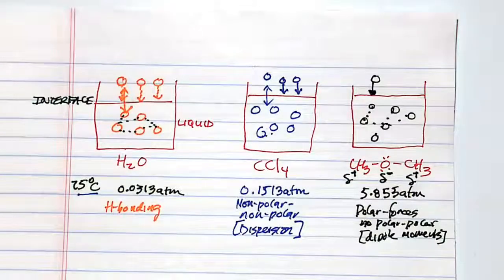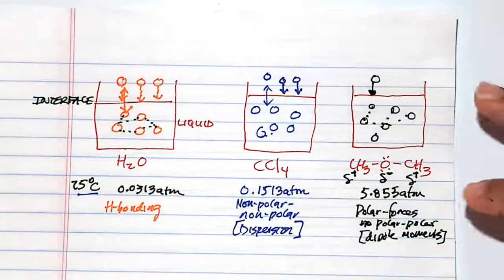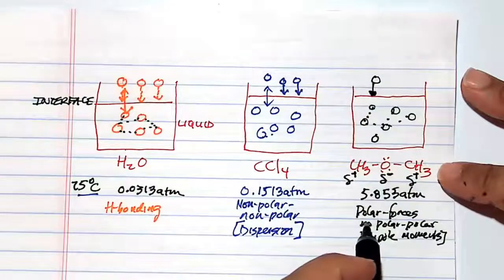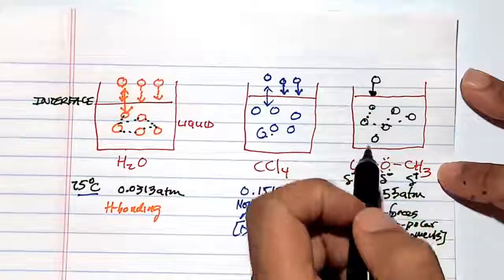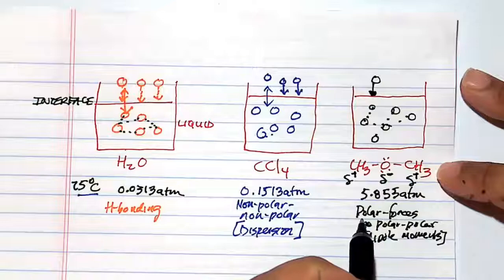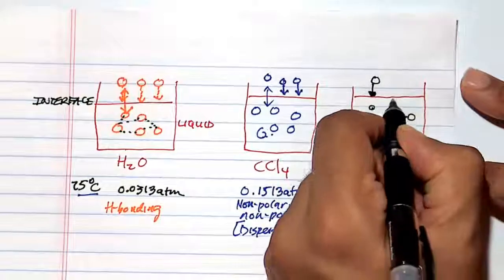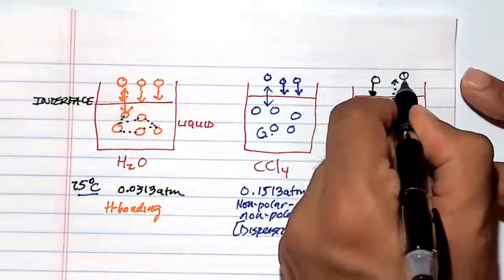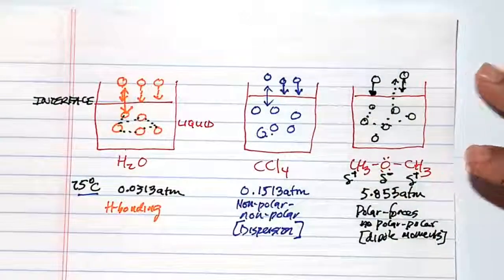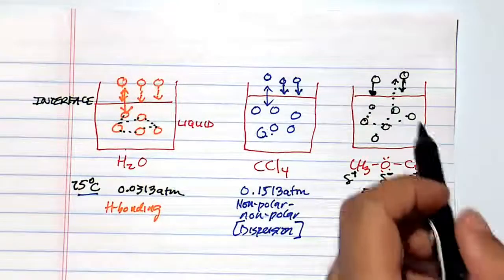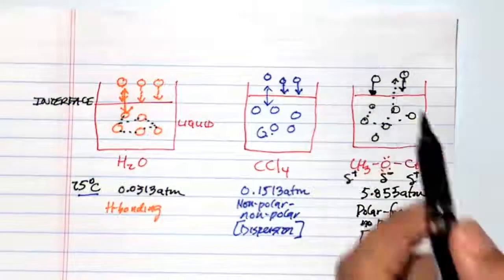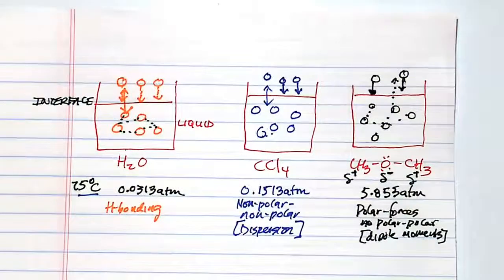So you can see here, just by looking at these values quoted at 25 degrees C, that dimethyl ether can easily break from its other neighbors, break free, and in turn establish a dynamic equilibrium where it can return back to the liquid phase, and in doing so establish a vapor pressure of about 5.8 atmospheres at 25 degrees.